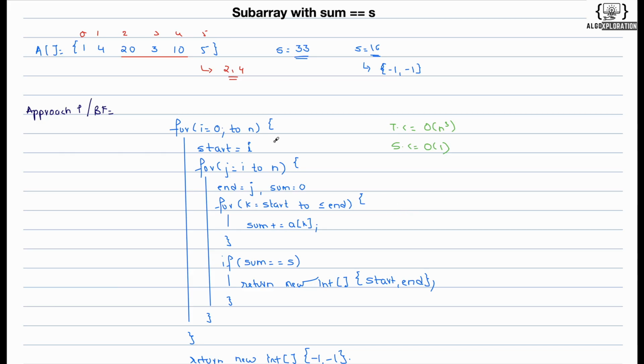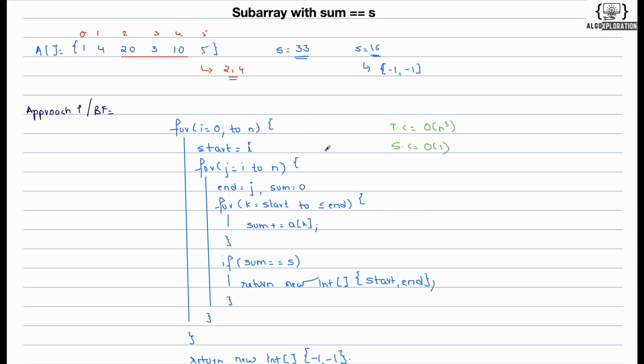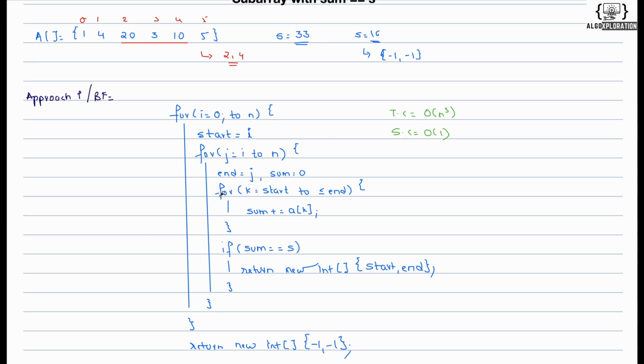Only these two for loops will remain. So here it will be simple order of 1 because this for loop will be cancelled out, and only the calculation will be there. Here it will be order of n, and for this order of n, so it will turn out to be order of n square, right? So let's see how we can eliminate this for loop and come up with the calculation method.